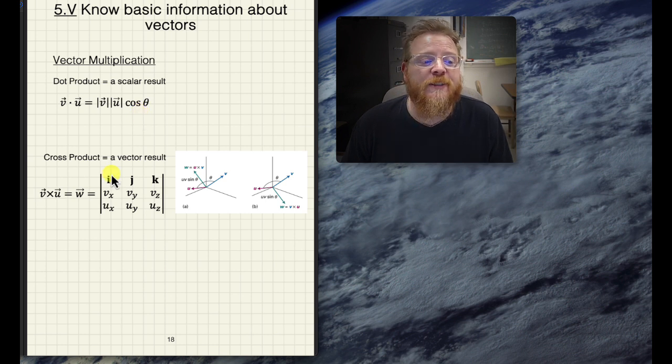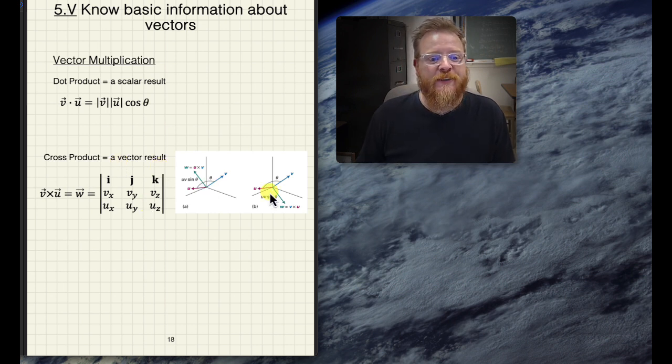More important to us in this class is going to be the cross product, which is a vector result. So for example, the two pictures you can see right here, if we take U cross V, we get vector W. And now notice the order in which we do that is important.